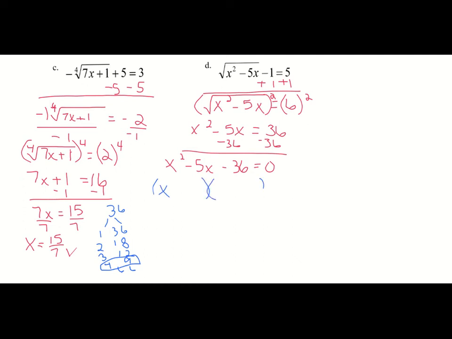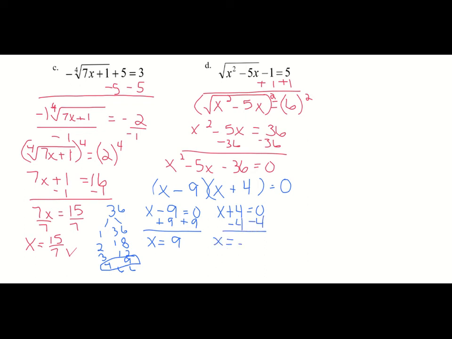I need a -5, so that means my 9 will be negative, minus 9, and then plus 4 equals 0. Then we're going to set each one to 0, so x minus 9 equals 0, and x plus 4 equals 0. So I'll add 9 to both sides, and x equals 9. Subtract 4 from both sides, x equals -4.